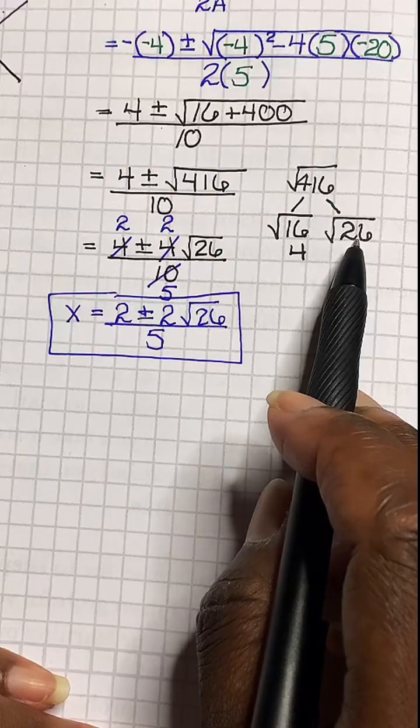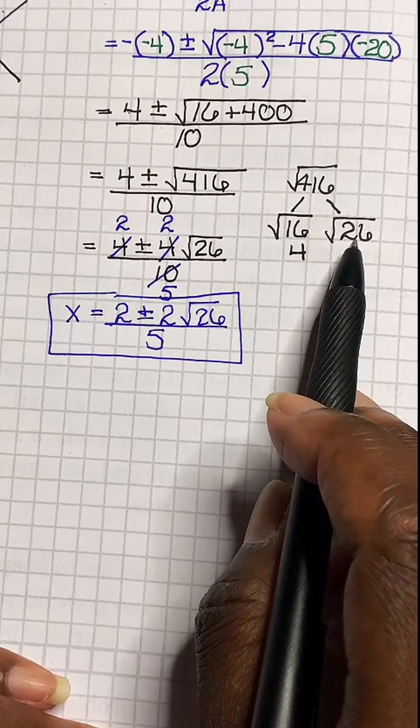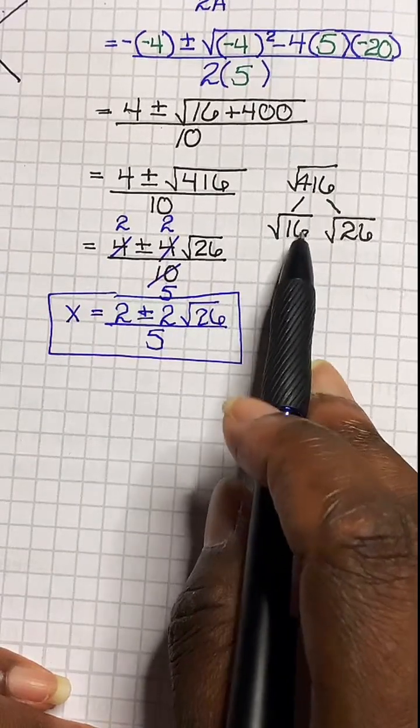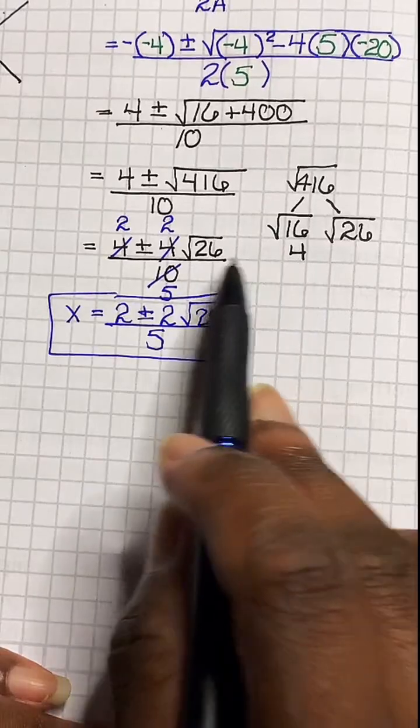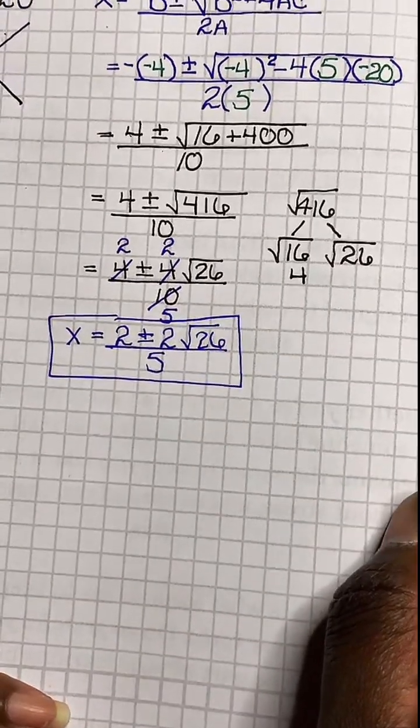Okay, can't break it down. It'll just give me 2 prime numbers if I try to break it down, and I can't break it down any further. So square root of 16 is 4, and I'm keeping the square root of 26.